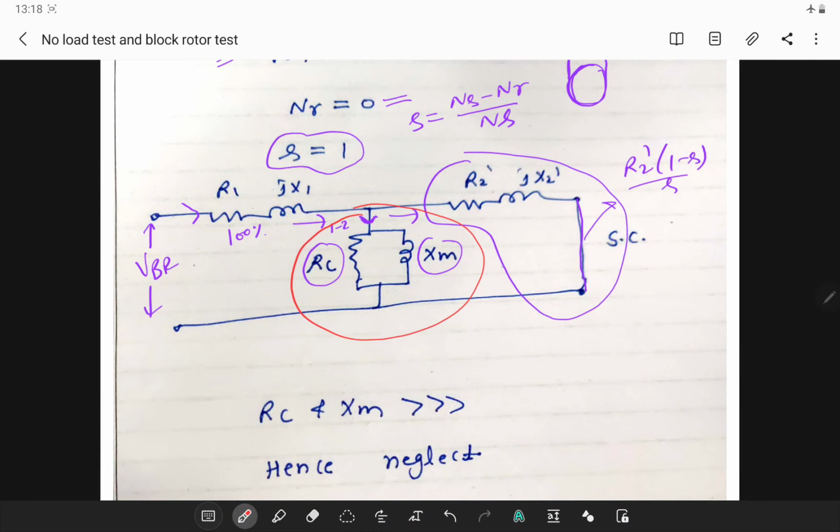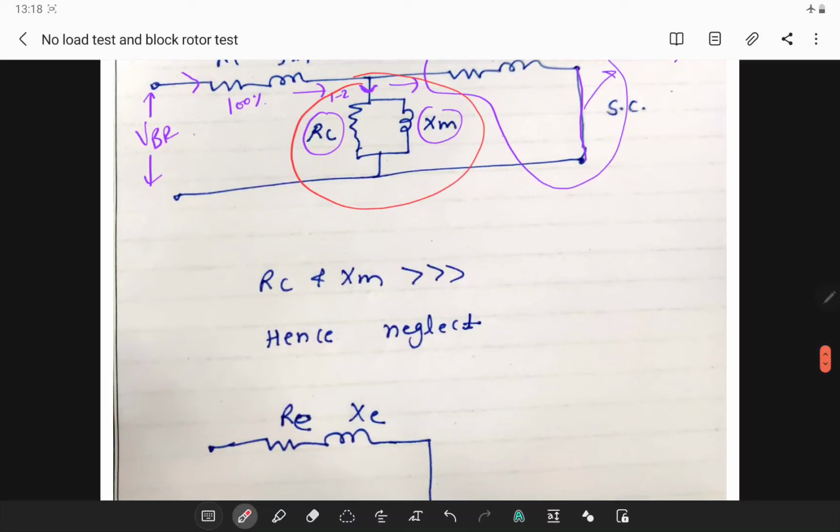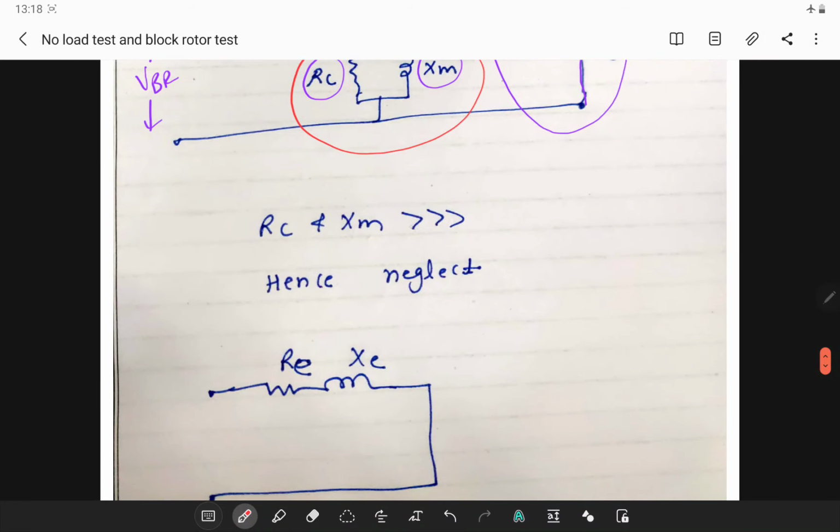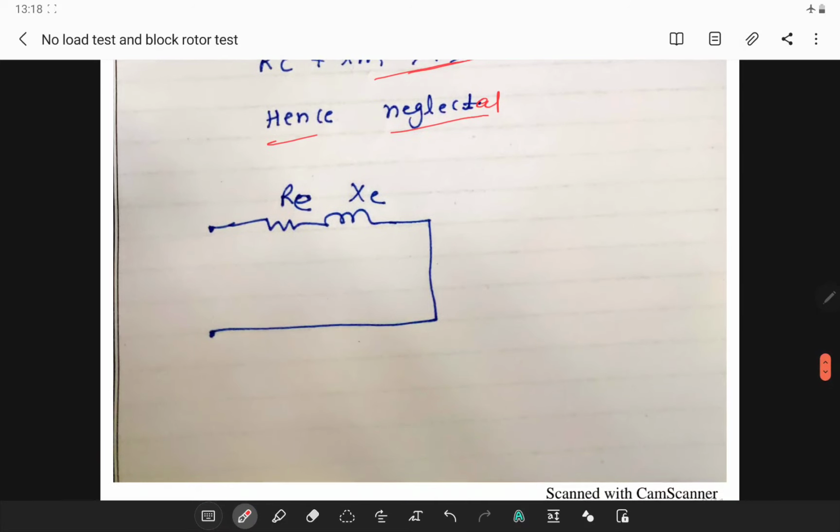So further I can say, Rc and Xm have very large values, hence neglected, and my equivalent circuit will be like this. This is R1, this is jX1, this is R2 dash, jX2 dash, this is Vbr, and the current flowing in the winding is Ibr.